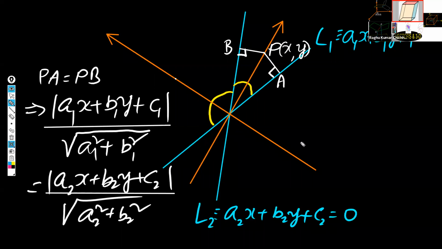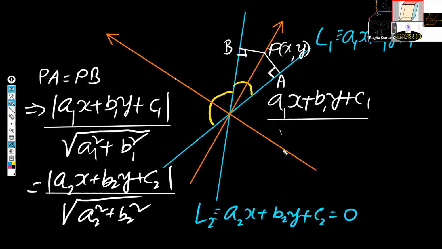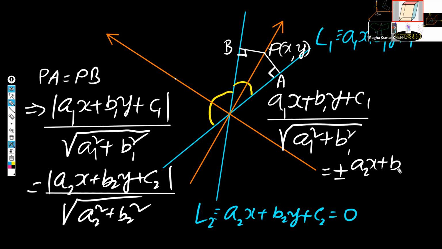Correct, no? Now remove the modulus. Remove the modulus, then you will get the formula for angular bisectors like this. A1x plus B1y plus C1 divided by root of A1 square plus B1 square is equal to plus or minus A2x plus B2y plus C2 divided by root of A2 square plus B2 square.